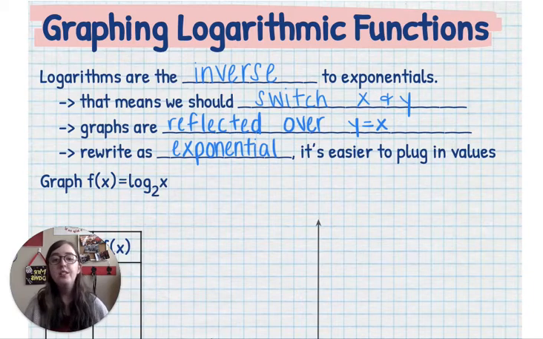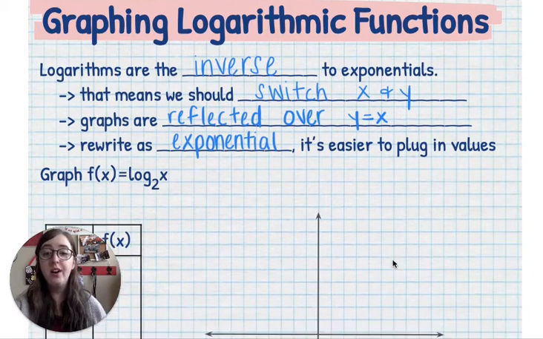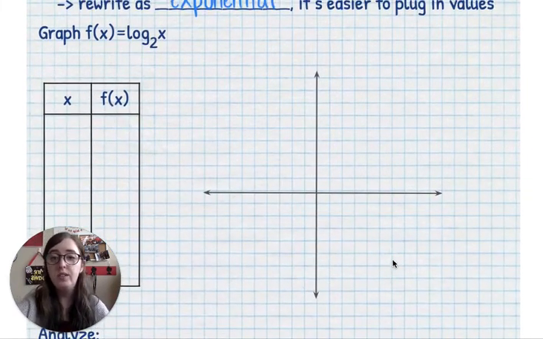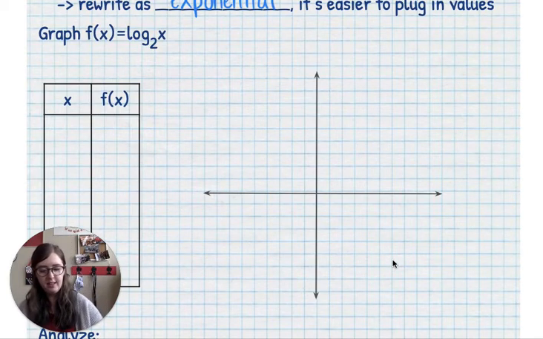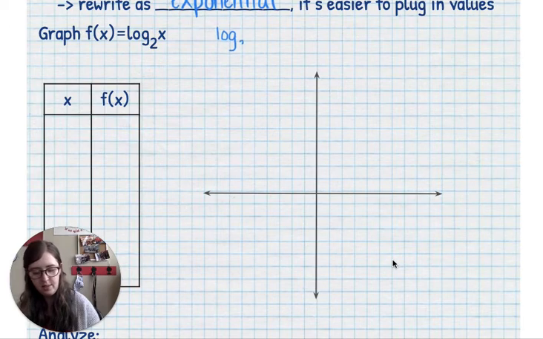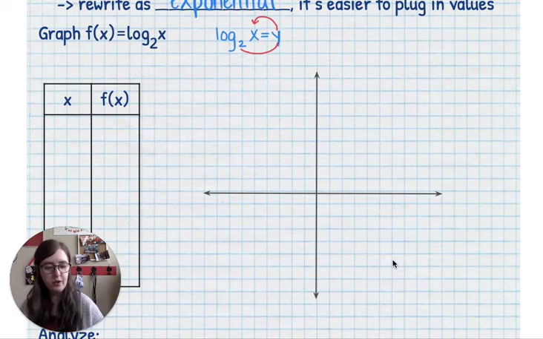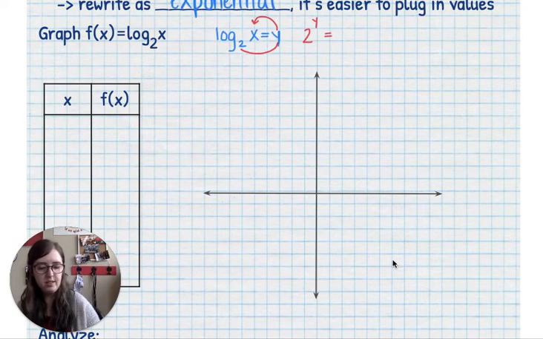Okay, so what we want to do is graph f of x equals log base 2 of x. So real quick, I'm going to write that as log base 2 of x equals y. If we go through our little log loop here to write this in exponential form, we have 2 to the y power equals x.